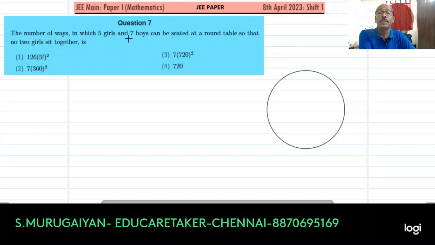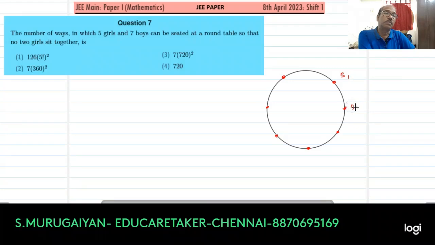Then we arrange the girls between the boys so that 2 girls cannot sit together. So this is the way. First we have to arrange 7 boys, 1, 2, 3, 4, 5, 6, 7.